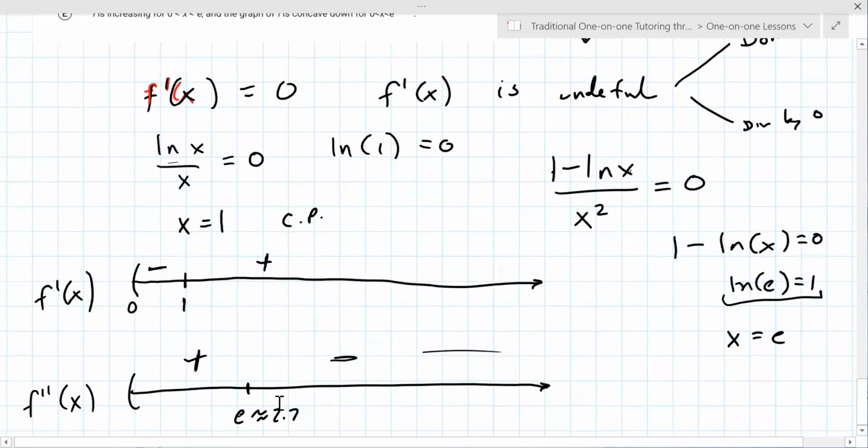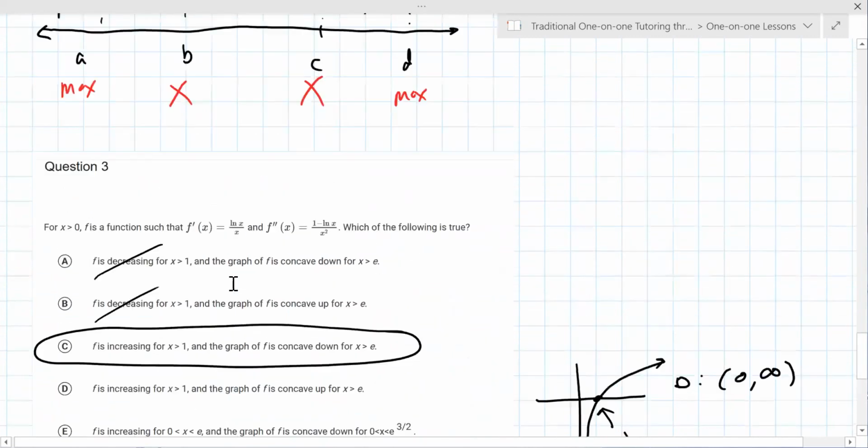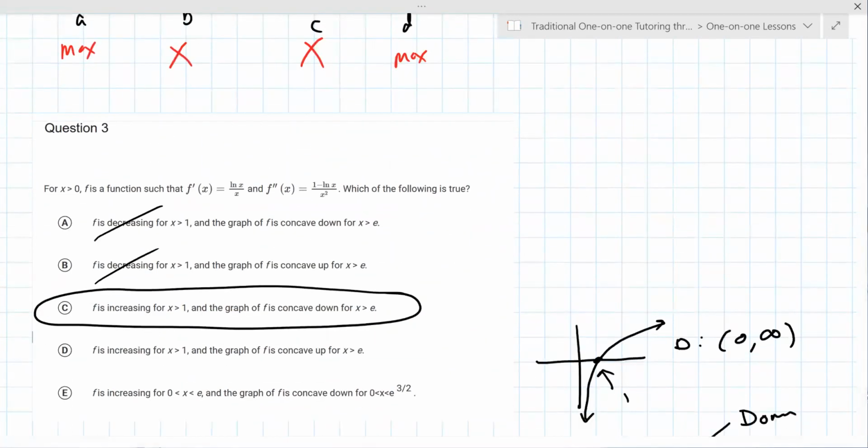And that comes again from right here, greater than e. All right, that's that.